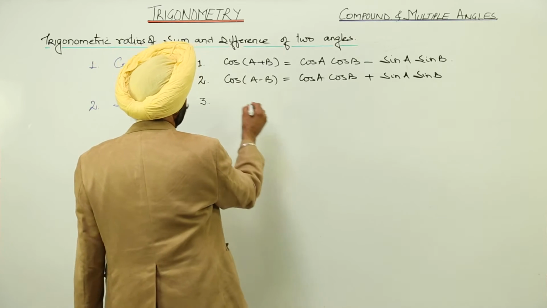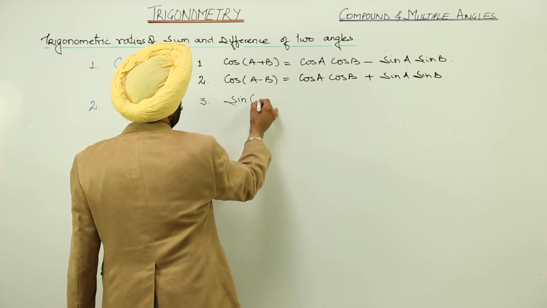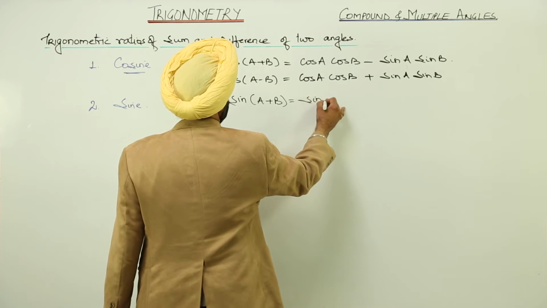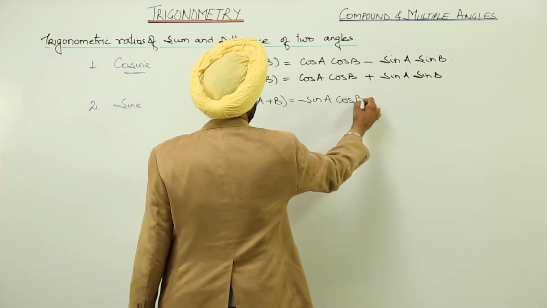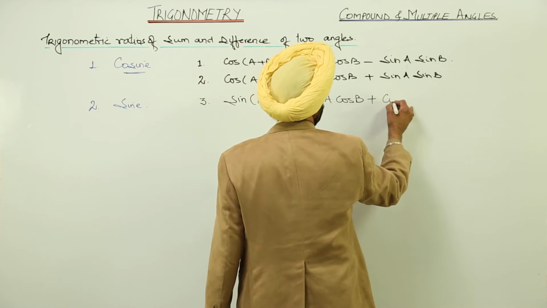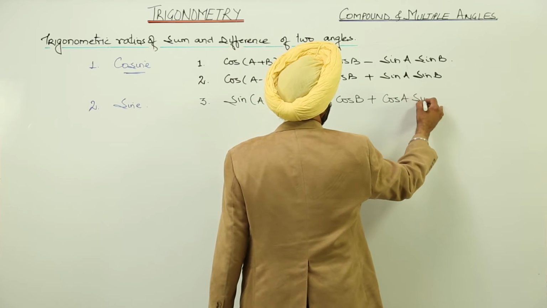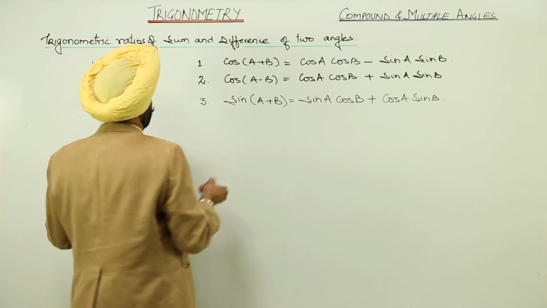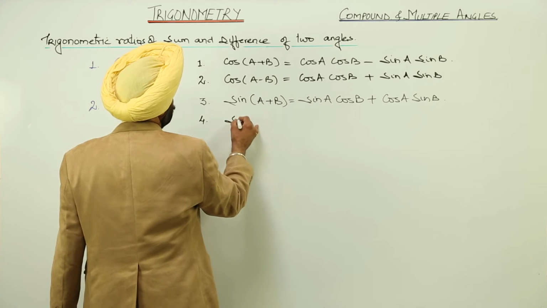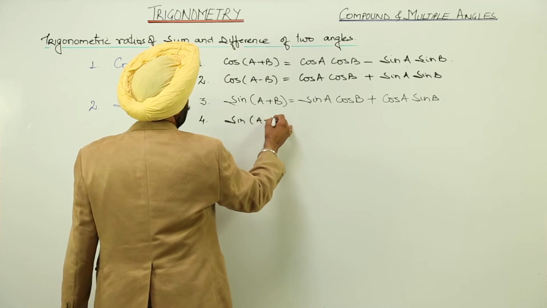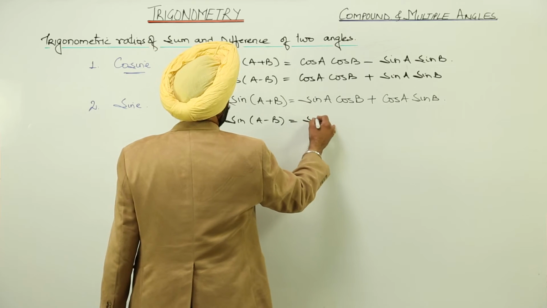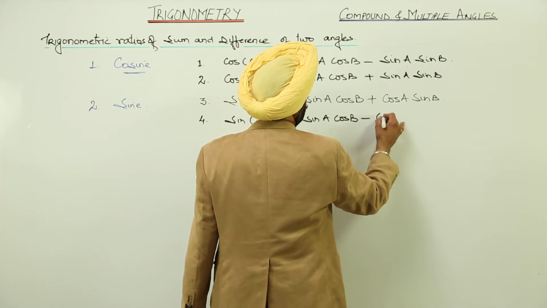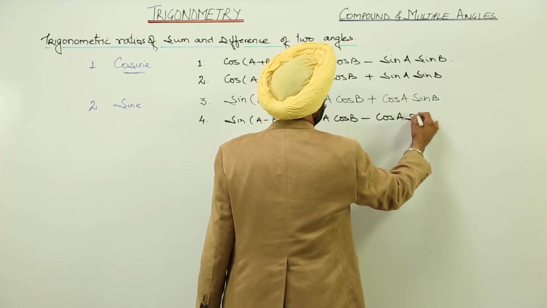Now for sine, sin A plus B, sin A cos B plus cos A sin B. Then difference of two angles, sin A minus B, sin A cos B, difference for cos A sin B.